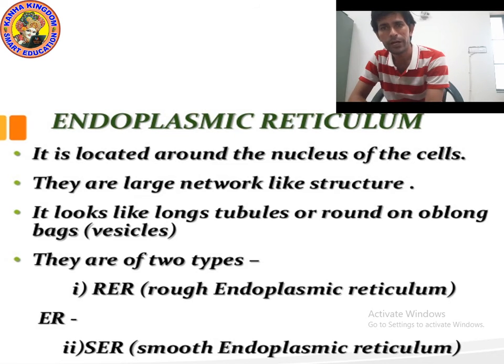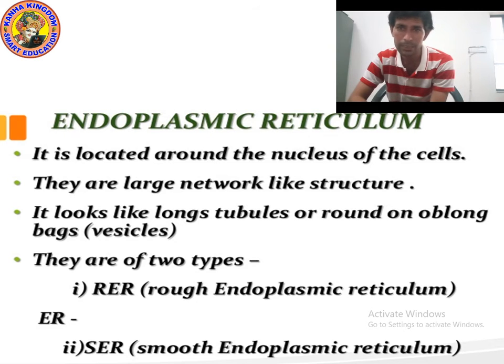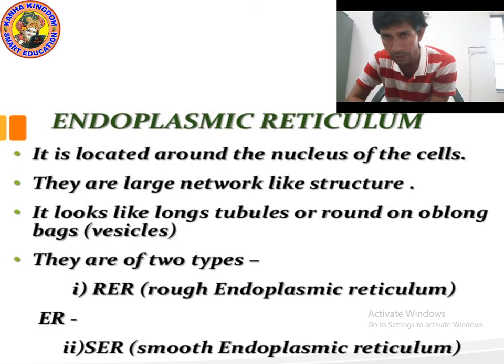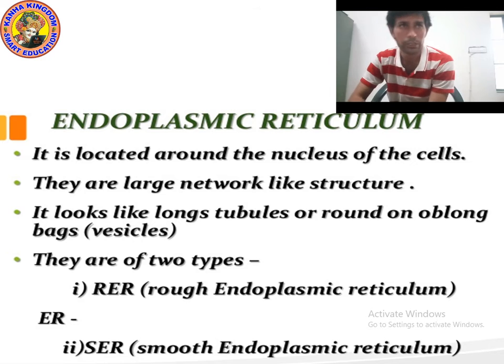First is the rough endoplasmic reticulum and second is the smooth endoplasmic reticulum. RER, SER. RER means rough endoplasmic reticulum, SER means smooth endoplasmic reticulum. Please write down, then we will discuss that.